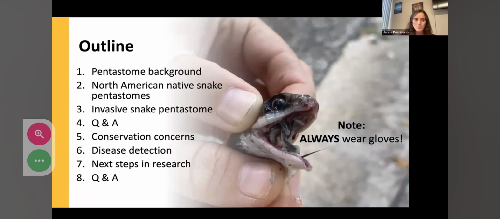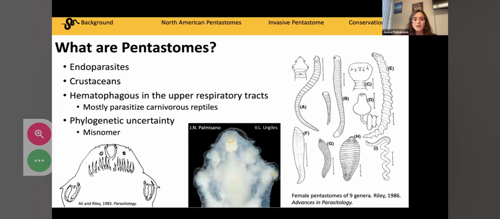Despite my poor biosecurity practice, it is important to wear gloves to reduce transmission between animals and when dealing with pathogens that we don't understand the zoonotic potential of, to inhibit transmission to yourself. We'll get into zoonosis in a moment. With pentastomes, there are a few species known to infect humans, but the concern of zoonosis, or human infection from infected wildlife, with the invasive pentastome is currently unknown, but it's important to be safe.